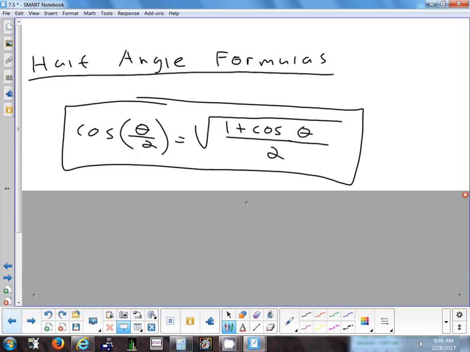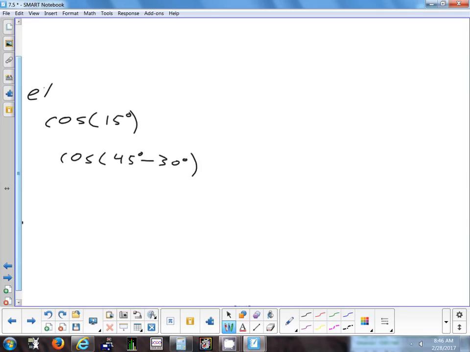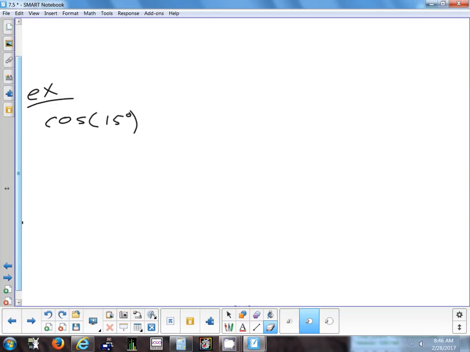So let's try it. Let's find the cosine of 15, but let's not do it the way we did before. We're not going to do it as 45 minus 30. We'll do it as a half angle. And what would need to go in the top? 30.